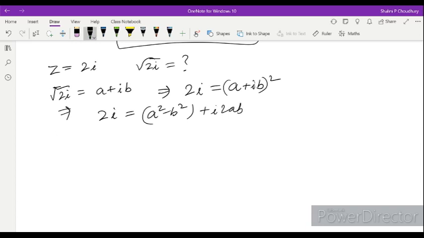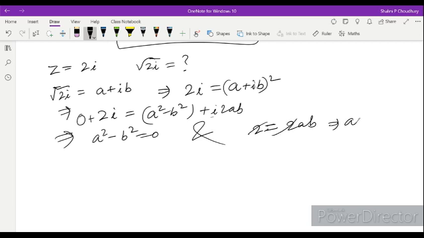This side has no real value, it's 0. It means a square minus b square will be equal to 0, and 2i will be equal to i 2ab. So directly we will write 2 is equal to 2ab. It means ab is equal to 1. It means a will be equal to 1 upon b. This value we are getting.